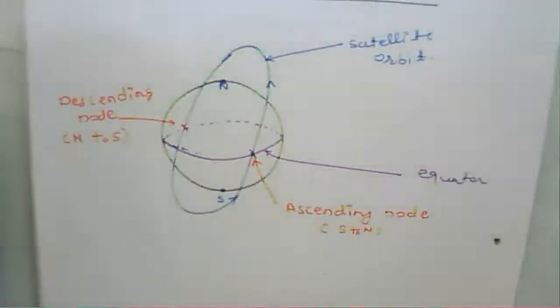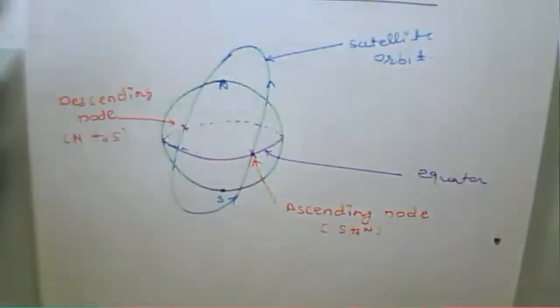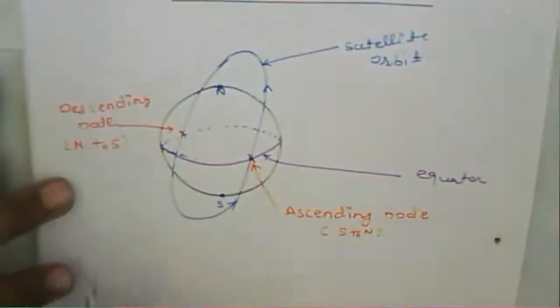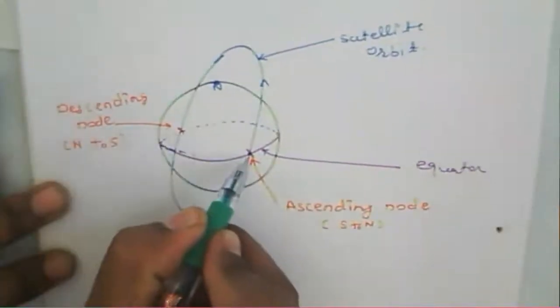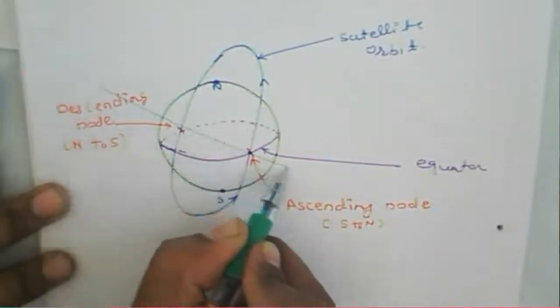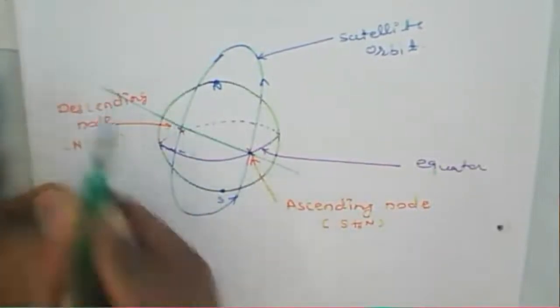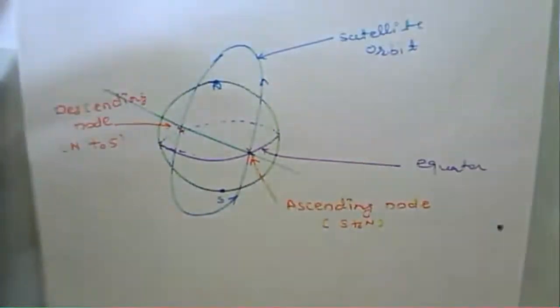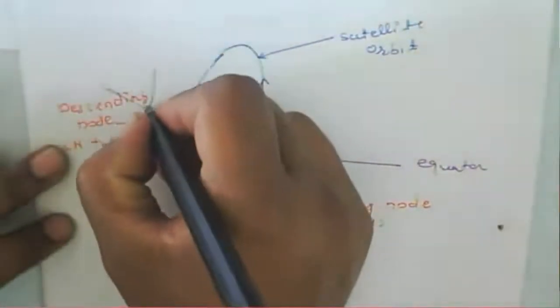These nodes are joined by a line. Suppose I am connecting this line here, and this one is called the line of nodes.